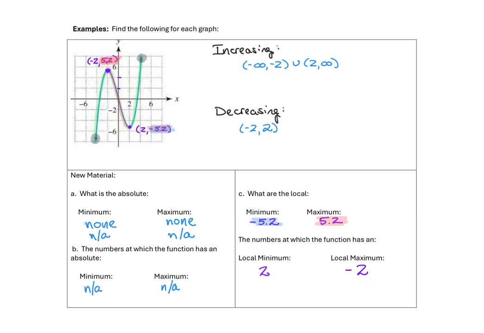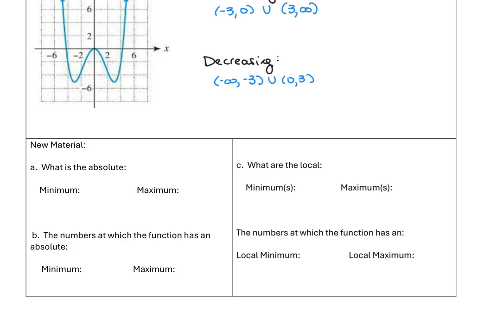All right, let's go ahead and look at some other examples just to practice this a little bit more. We have our next example. Last time we talked about increasing and decreasing.